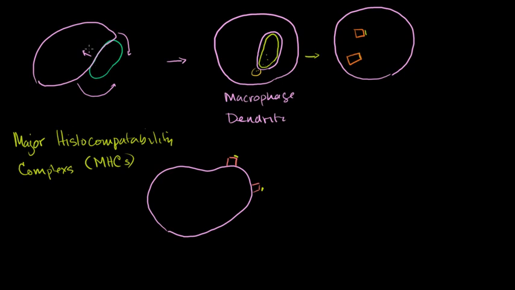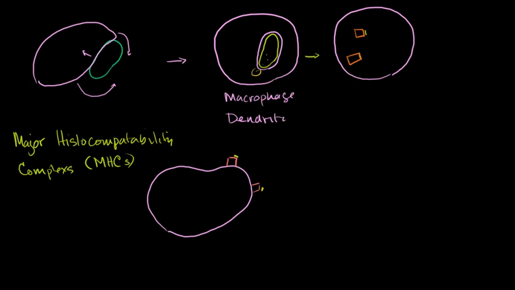And when we're talking about phagocytes, or macrophages or dendritic cells that are particular cases of phagocytes, the major histocompatibility complexes that they present after they've digested this molecule, this is an MHC class 2.